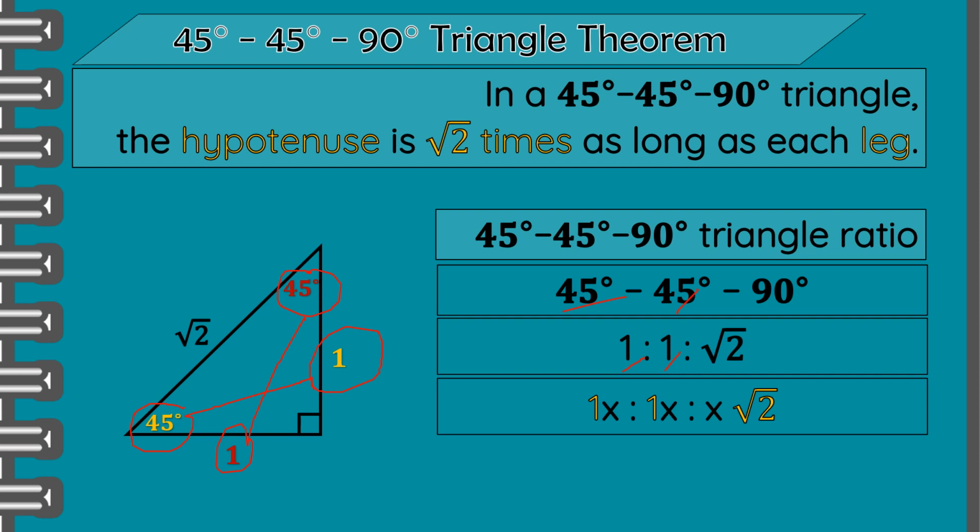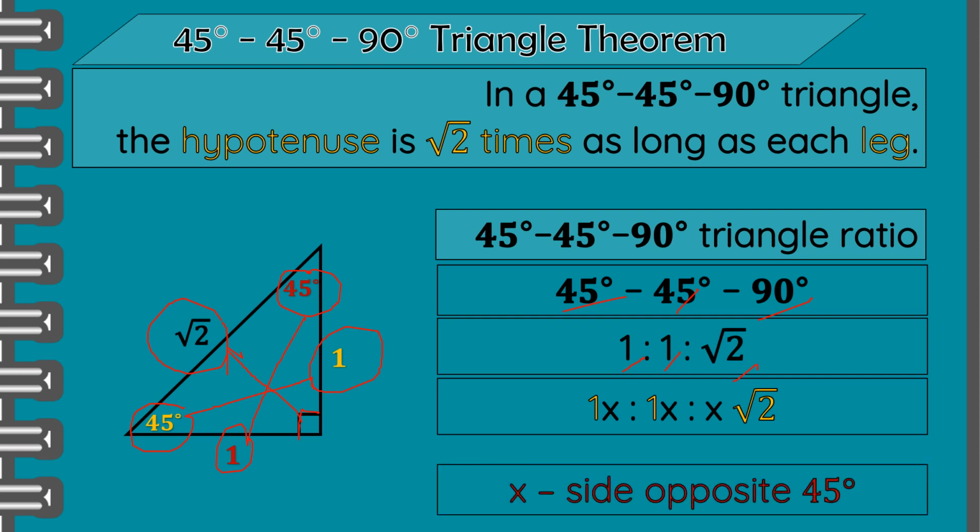This is the right angle and its opposite side is square root of 2 units long. We have the 90-degree angle, its opposite side is square root of 2 units long. Please always take note that in the ratio 1x is to 1x is to x square root of 2, your x is the side opposite 45 degrees.